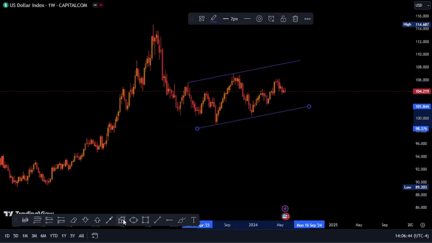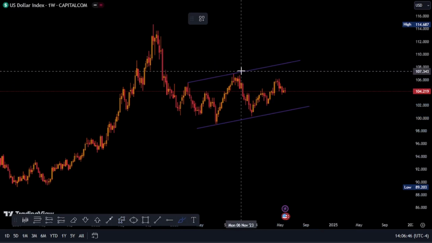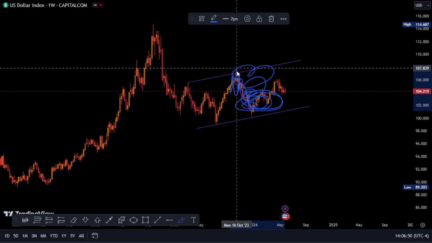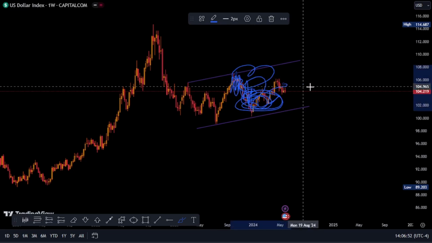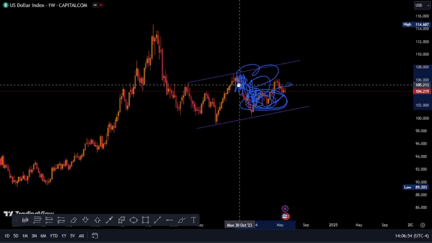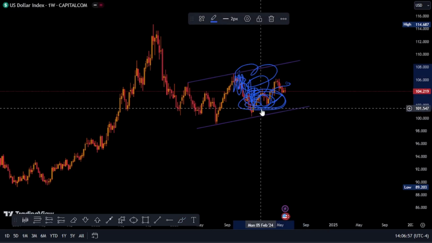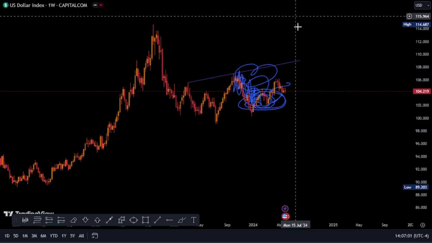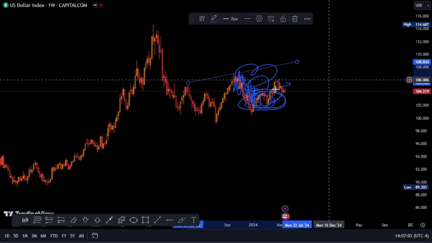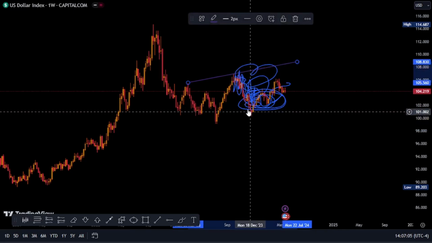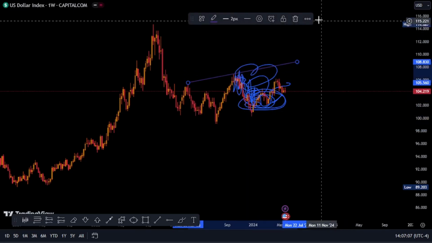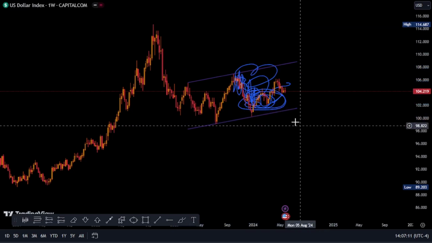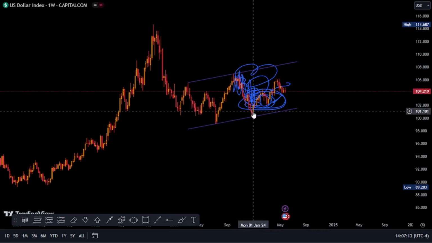So you can just imagine, even if this is not here, and the market just gave you this high. By just connecting this high, after you see that it's now moving to the downside, clone it and put it here, then you'll know that the market will come here.